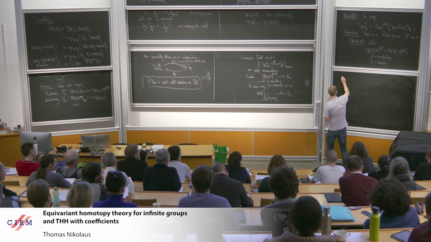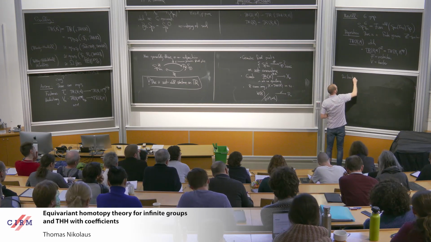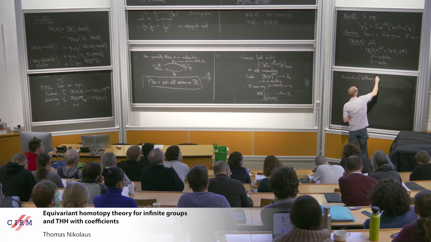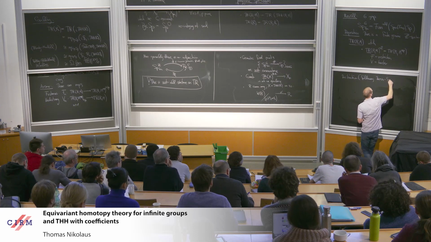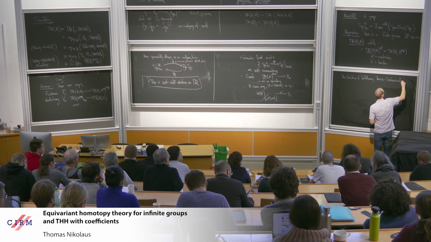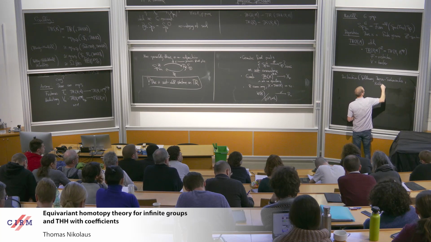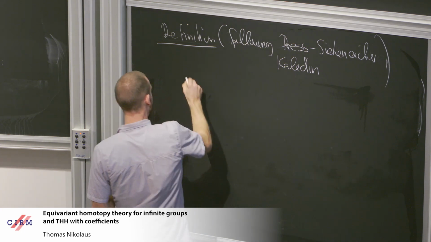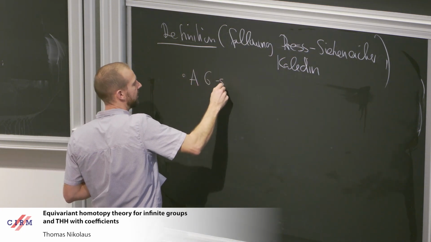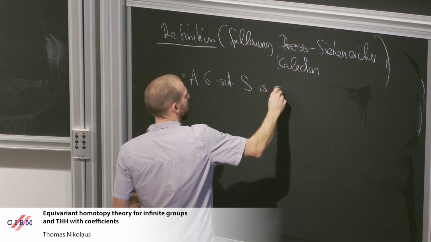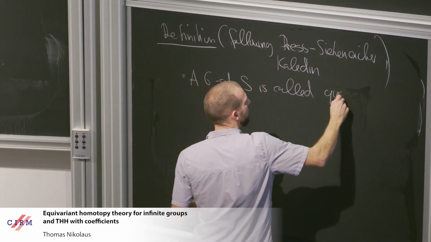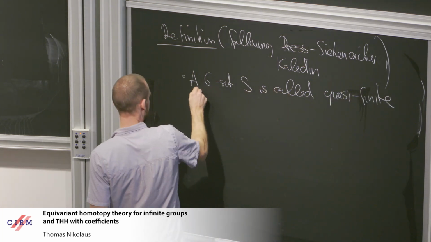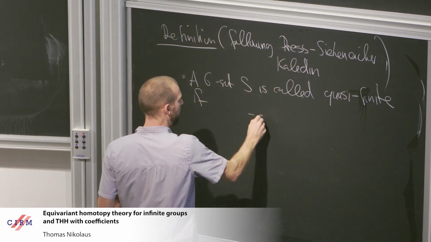Okay, so here's the definition that comes to help. And this is following, it turns out, Dress-Siebeneicher, who had also worked this out, and Kaledin. So a G-set S is called quasi-finite or almost finite if all orbits are finite.